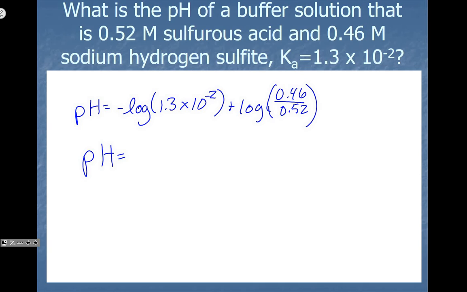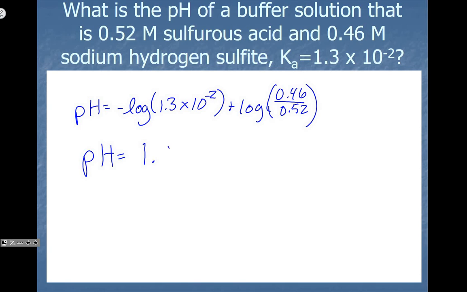Oh, because I had the other answer in there. So when I said that's not right, I looked right at the Ka and I looked at my answer and I realized that they weren't anywhere close to each other. So that's a good check. Because if you know that you're supposed to be close to it and you're not, then take the time to put it through one more time.